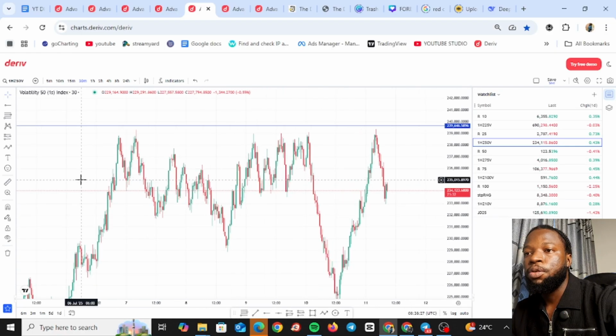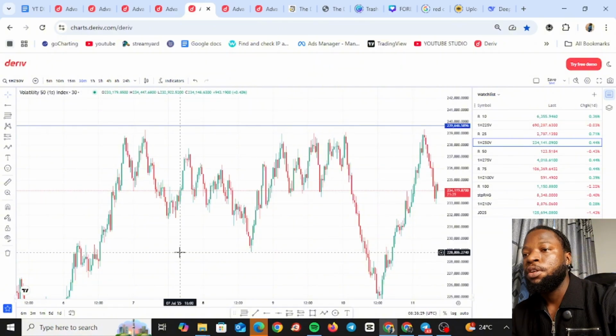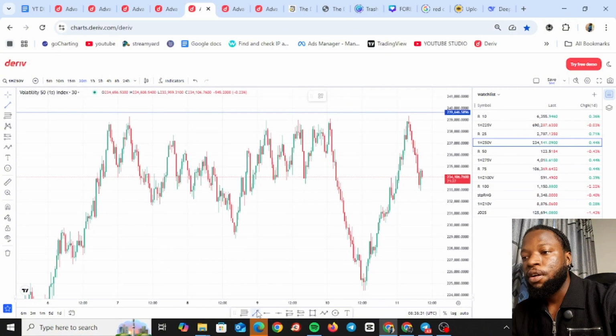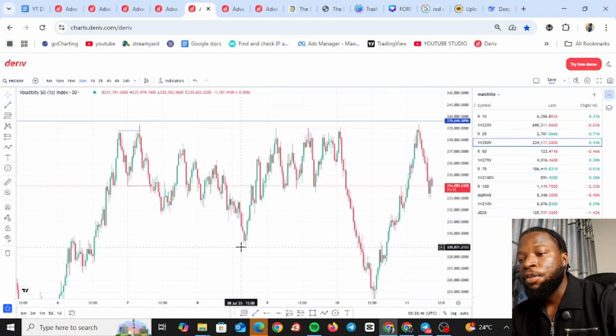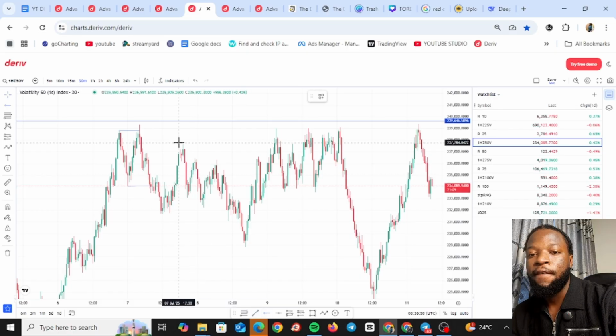On this 30-minute time frame, what do you see? We have our sweep of liquidity here, and then our first break of structure. Price retraces 50% to give us our structural liquidity.